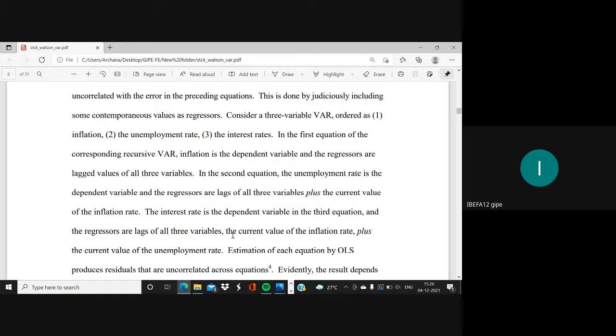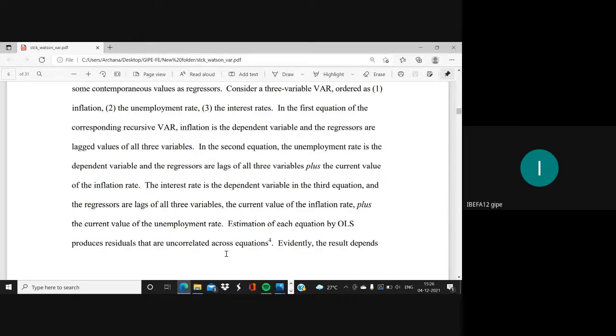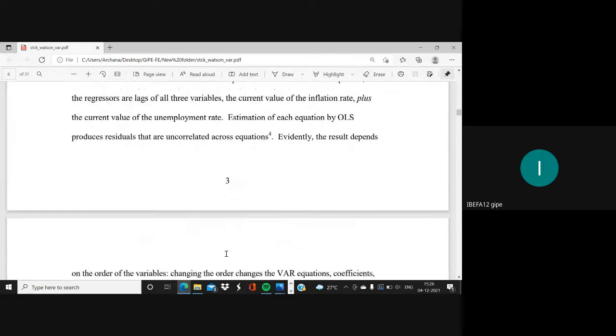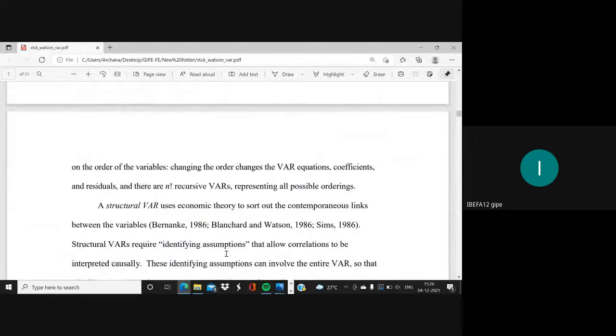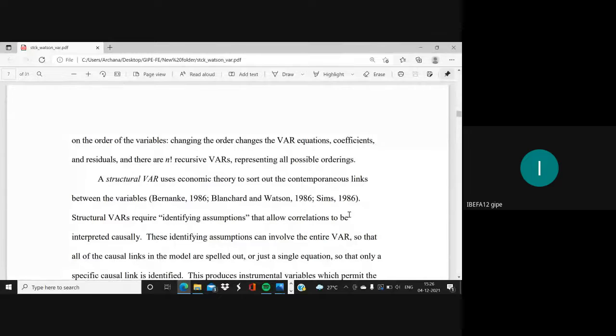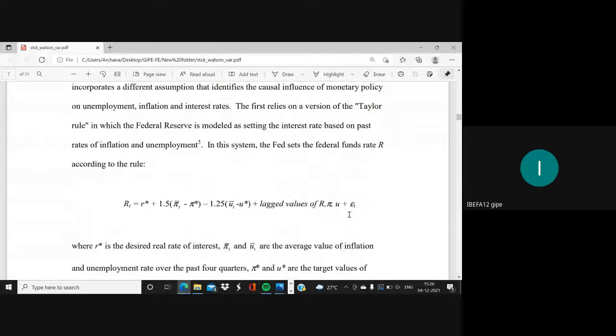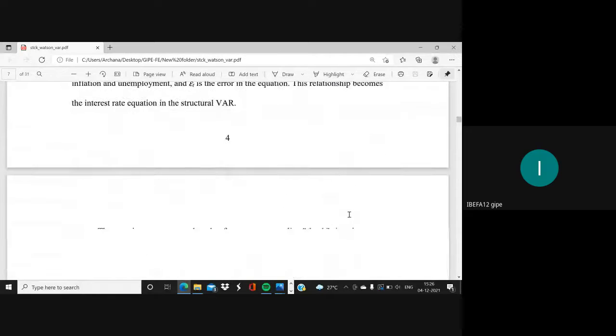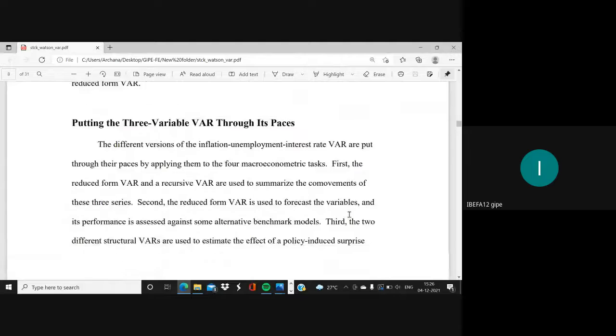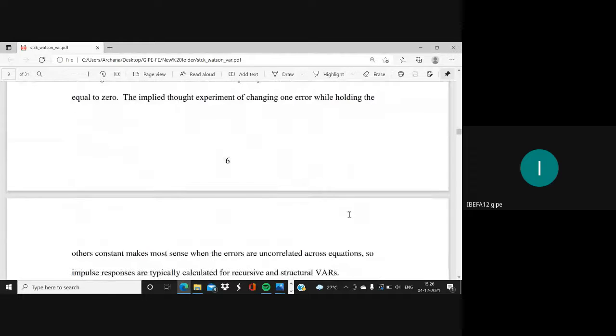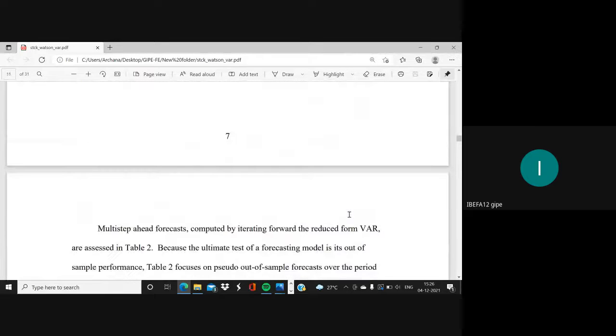This is likely to be an upper triangular matrix. Instead of a lower triangular matrix where the lower triangle has zeros, here the upper triangle is probably going to have zeros. Again, they're going to estimate the equation using OLS. Then I won't go through this entire thing. I'll send it to you all so that you can read it leisurely.